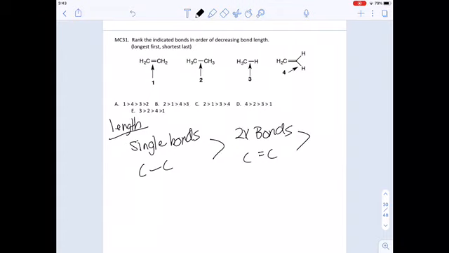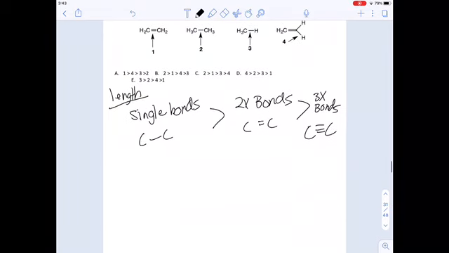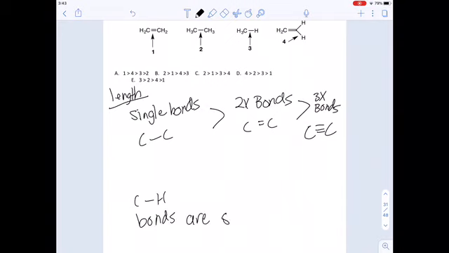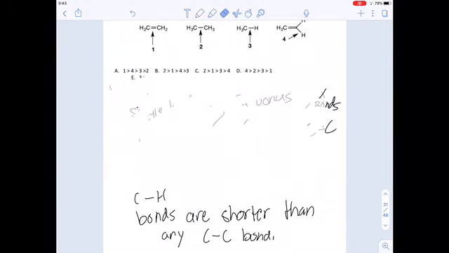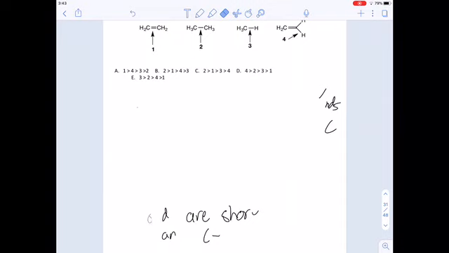I'm talking about length here, strictly length. And then triple bonds are going to be the shortest. Keeping that in mind, then CH bonds are shorter than any CC bond.